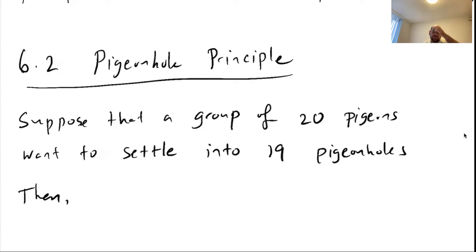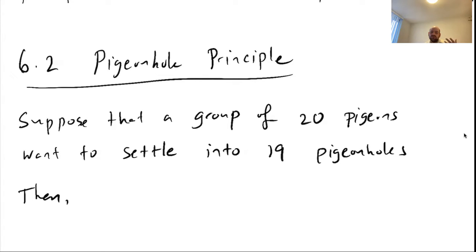So there is no way that you can distribute 20 pigeons into 19 pigeonholes in a way that every pigeonhole has at most one pigeon. If you have 20 pigeons and 19 pigeonholes, at least one pigeonhole must contain two pigeons. There could be more. So there are other ways of distribution.